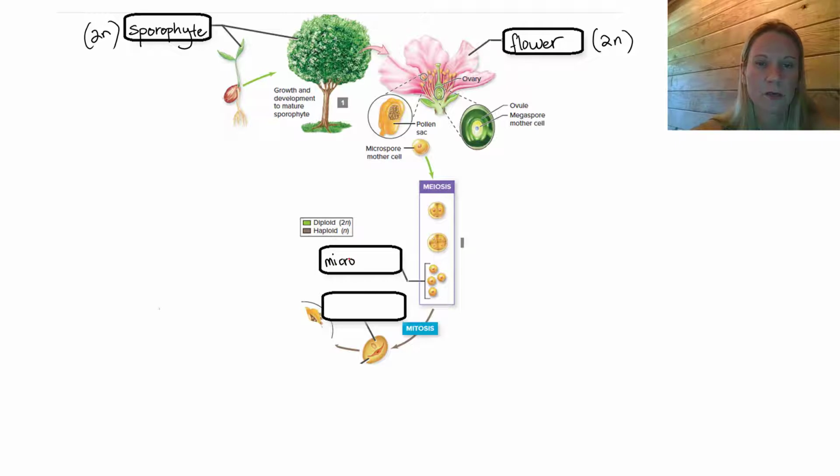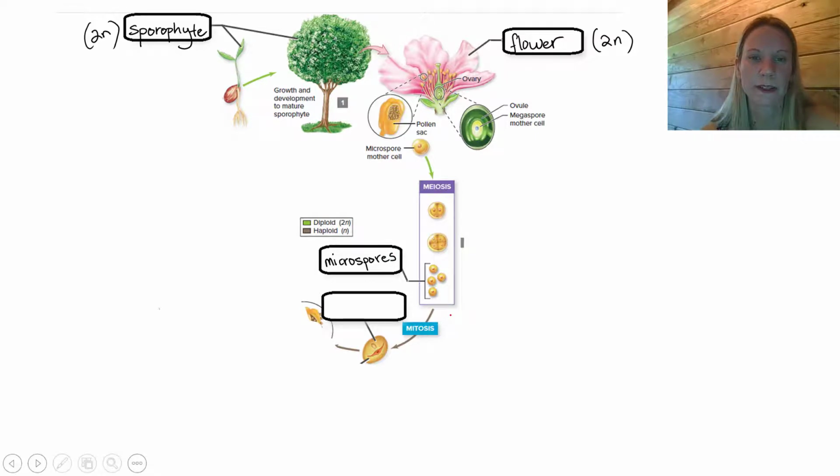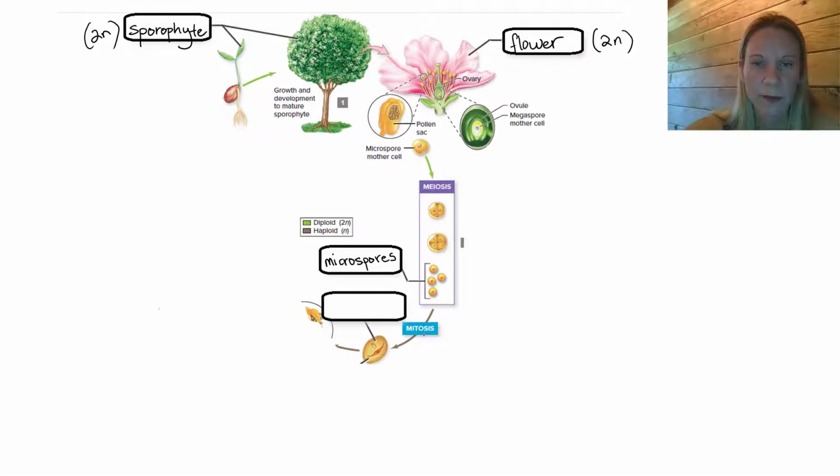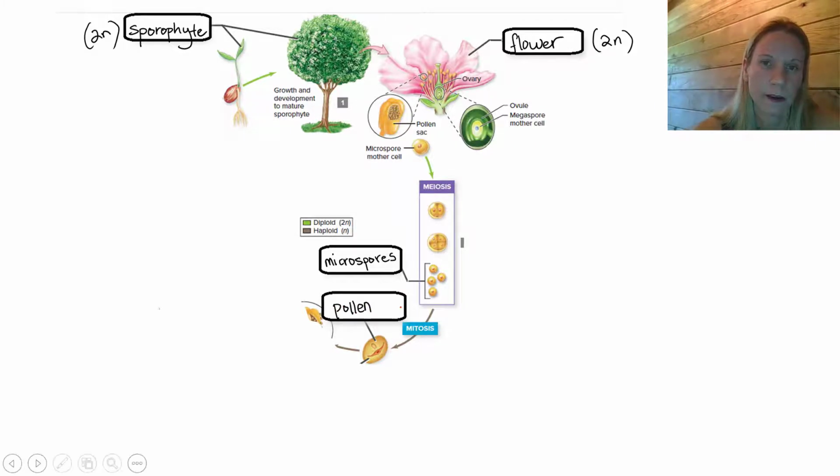That is the same term we used with the gymnosperms. Okay, so we get microspores as a result of meiosis. We get 4 of them. And then each microspore will divide by mitosis to produce pollen. Okay, the actual pollen.